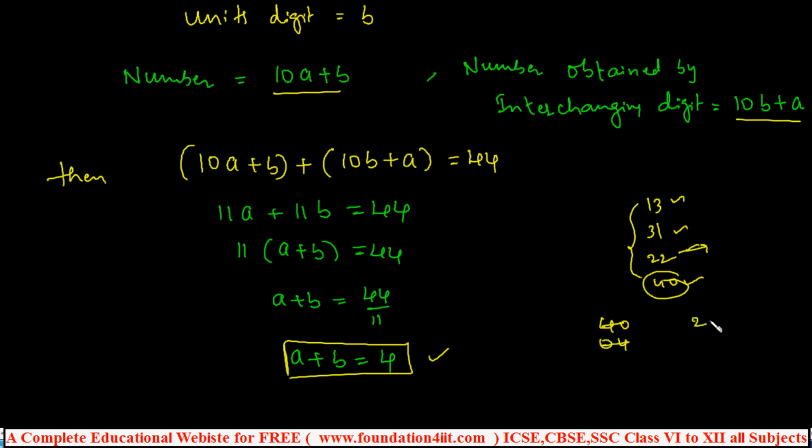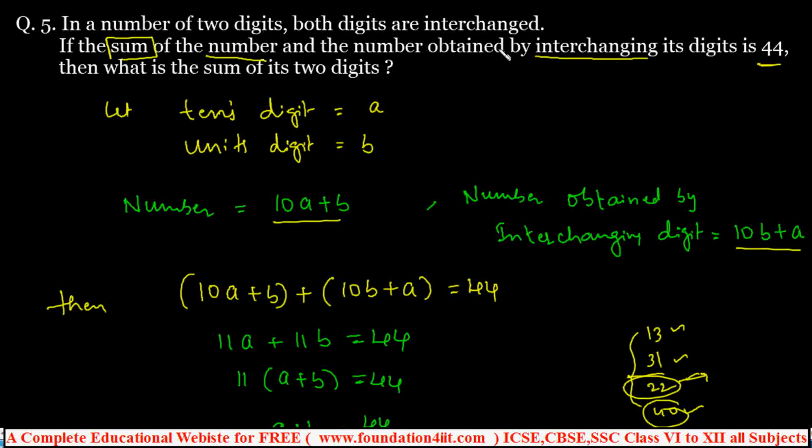That means 22: 22 and its interchange is also 22, and 44 is the sum. So the number is 22 only. But according to our problem, they ask only for the sum of the digits. The sum of the digits is 4, right? In this way we can use it.